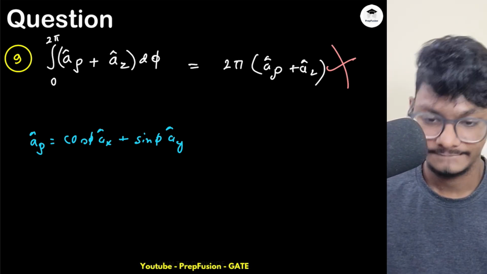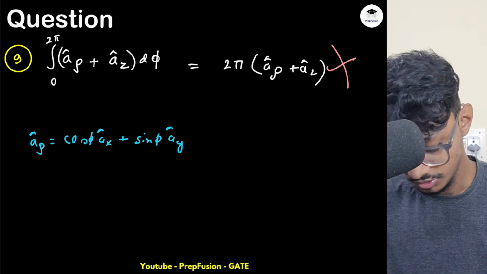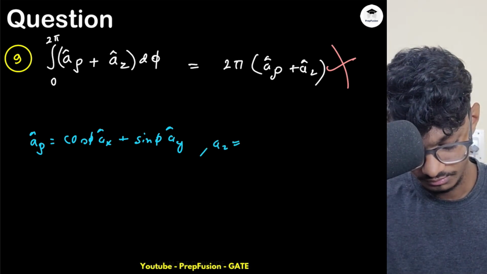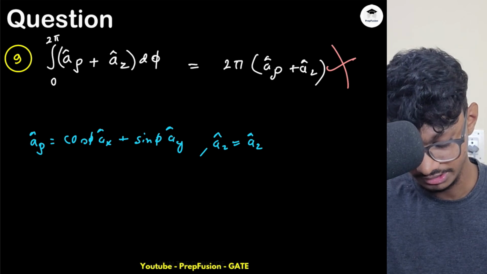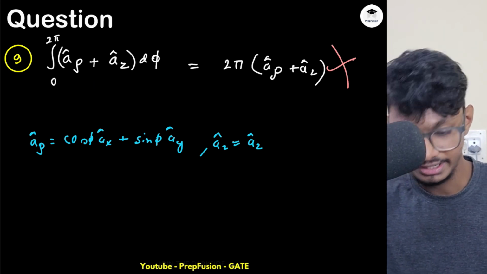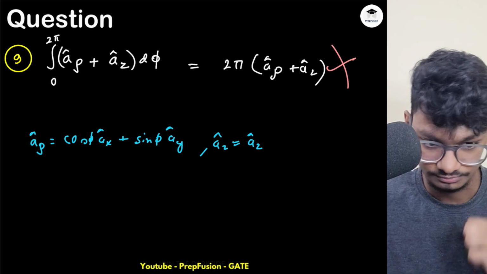What is a_z? a_z is simply a_z only. It is not a function of phi because this is in the cylindrical coordinate system, right? So what I can do is break this integration down.